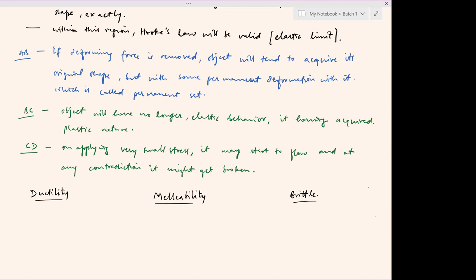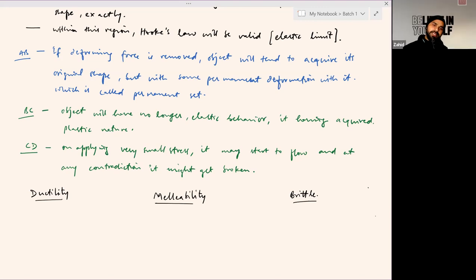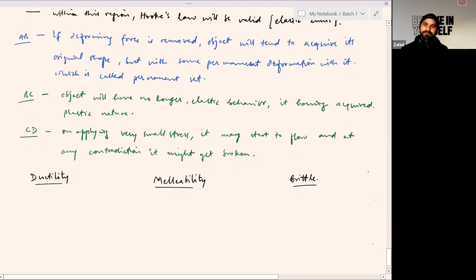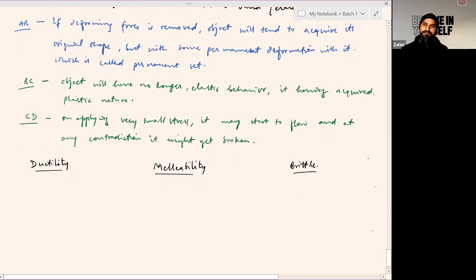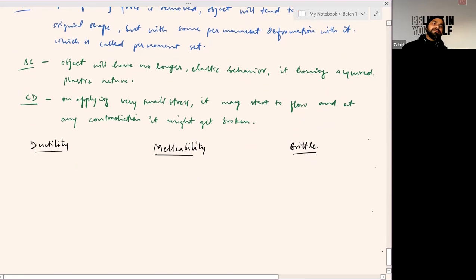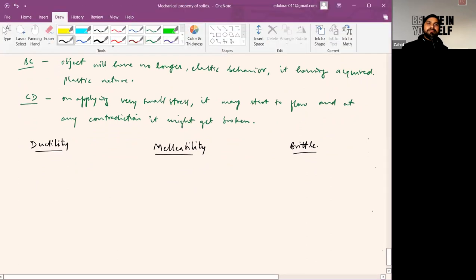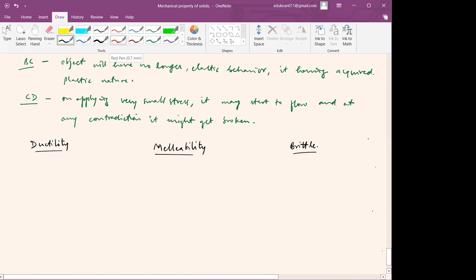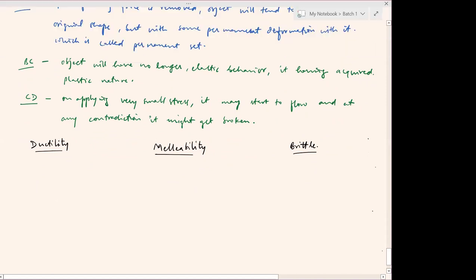The state of being ductile, like in wire or thread. Good. Malleability: you must have used silver foil, maybe some gold foil.